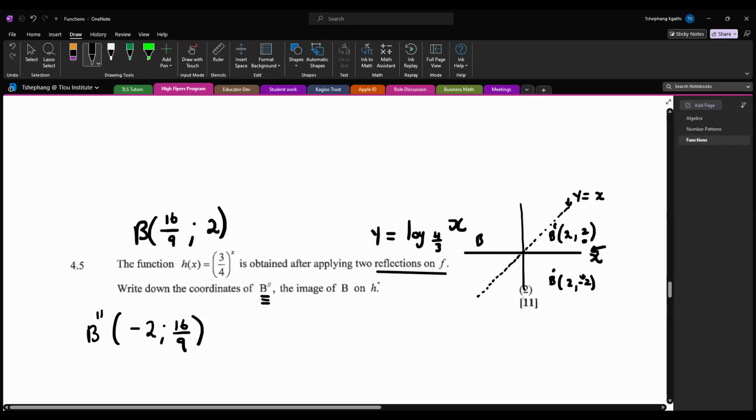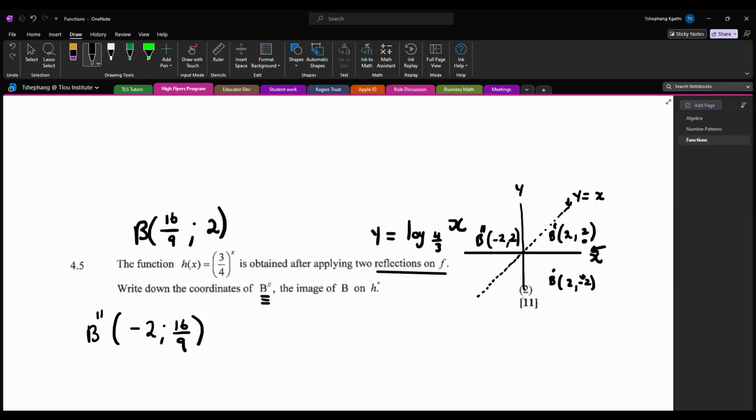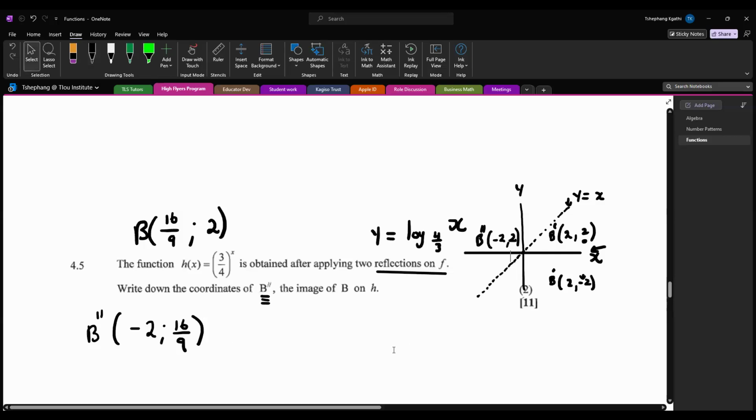Let's look at the y-axis. If we reflect across the y-axis so that it's now here, we're going to have -2 and +2. Why? Because we're in the second quadrant. And what do we know about the x values there? The x values are negative in that quadrant. That is why we switch signs.